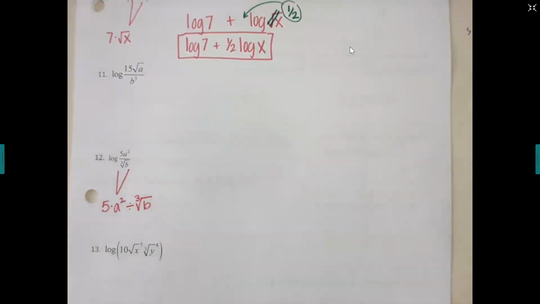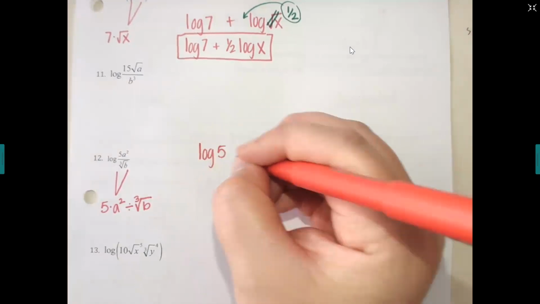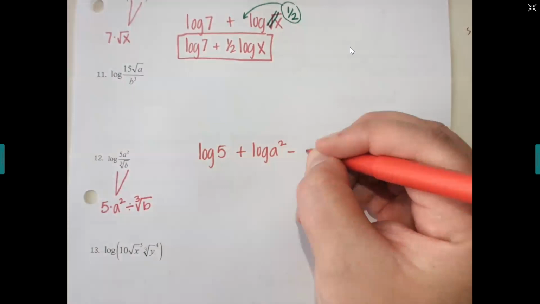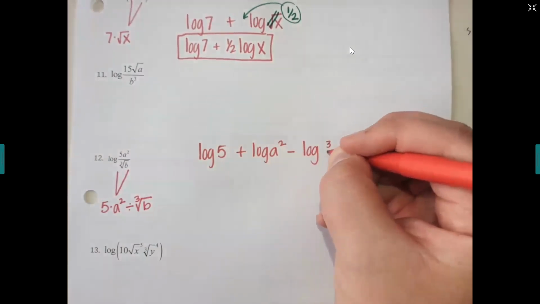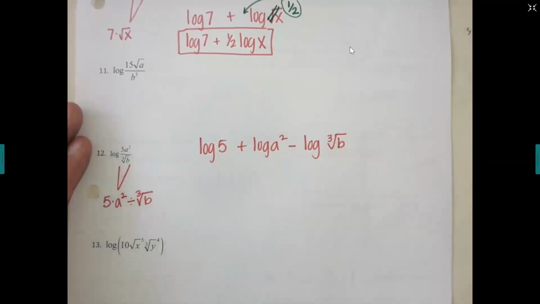So then when I separate, the first 2 logs will get addition between them, but the B log will get what? It'll get a minus. So I'll have this log 5 plus log a squared minus log cubic root B. Okay, I would scan over that.